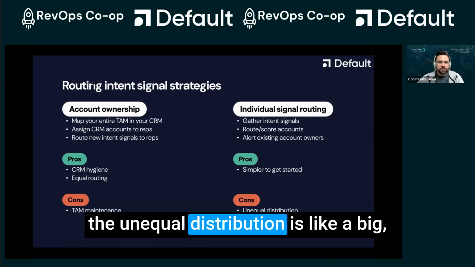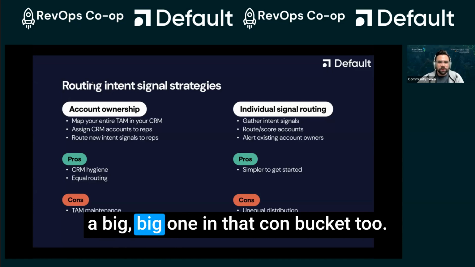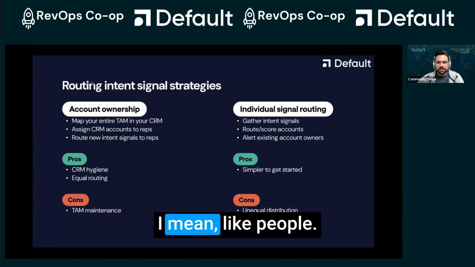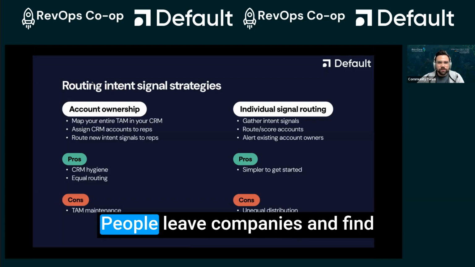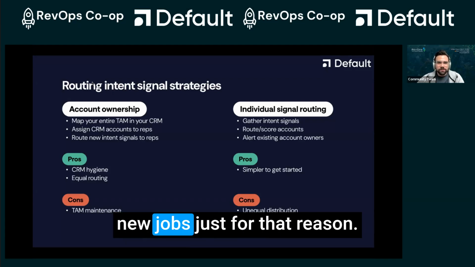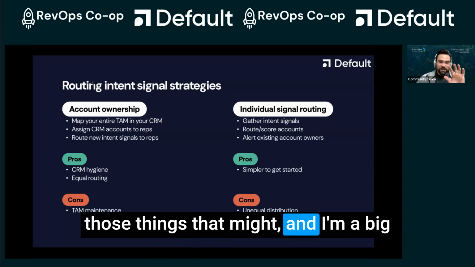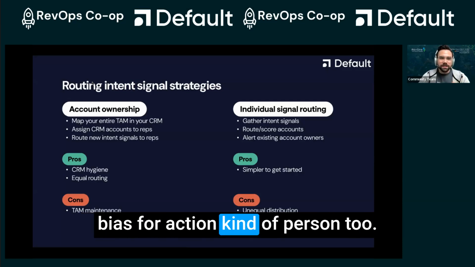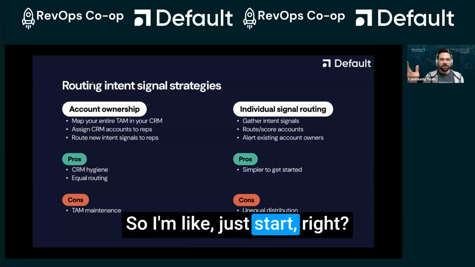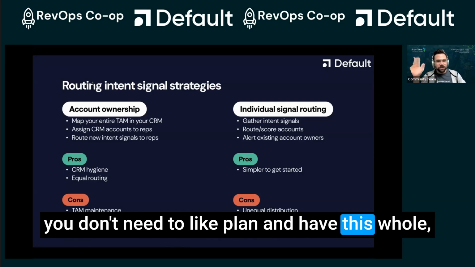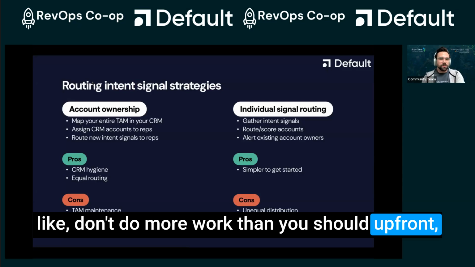Yeah, the unequal distribution is a big one in that con bucket too. I mean, people leave companies and find new jobs just for that reason, right? And I'm a big bias for action kind of person too. So I'm like, just start, right? Don't do more work than you should up front.